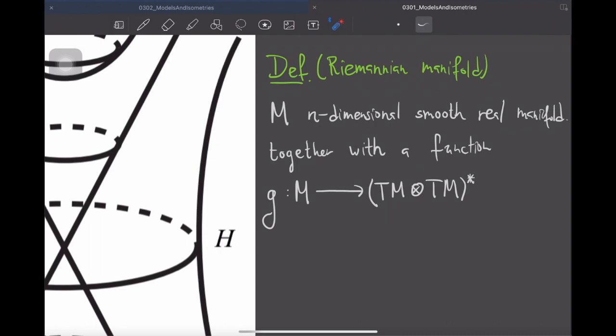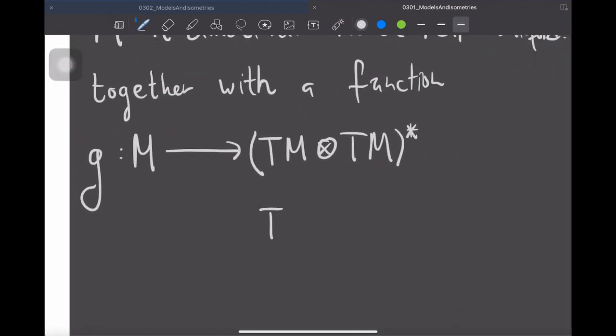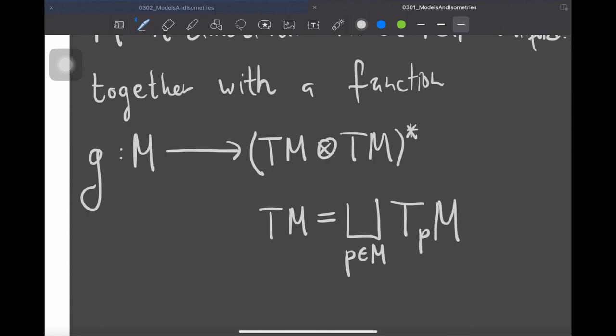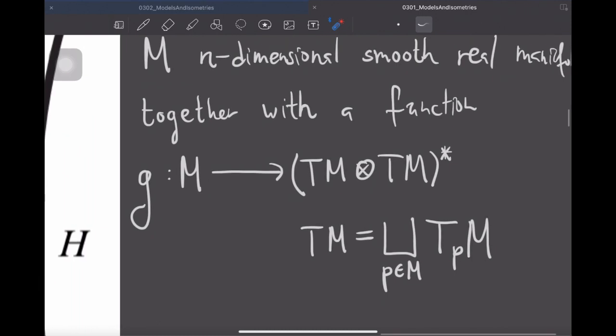First. Second, this T_M really is the tangent bundle of M. So at least as a set, T_M is the disjoint union over the points in M of the tangent spaces of M at each of its points. And I'm not going to go into how it also becomes a manifold.